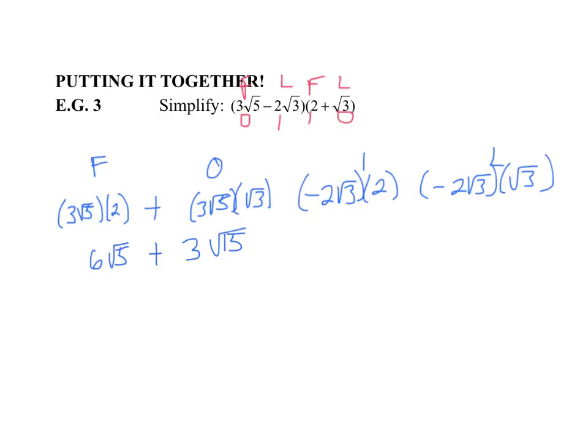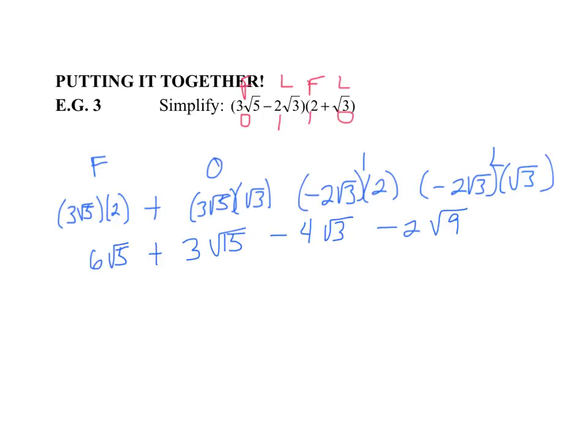Next term, I've got an outsider 2 here. It's going to multiply to this outsider. Minus 4 radical 3. And then down here, I've got, again, a 1 radical 3 here, so it's not going to change the negative 2, but I'll have square root of 9 when I multiply these radicands. So remember, multiplying will change your radicands.